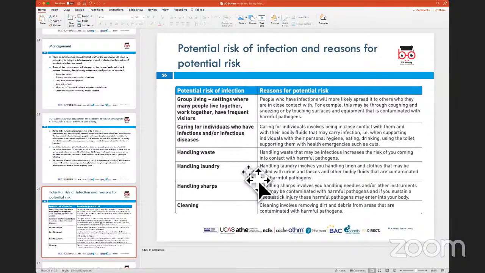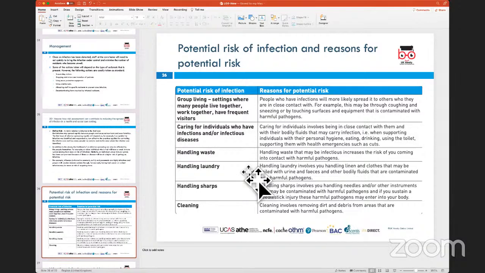When we look at the potential risk of infection, it could be to a group of people: carers, and people who are providing administration services, things like disposal of waste and handling laundry. They are basically responsible for cleaning within a health and social care home, and these are the set of people who can be at potential risk of contracting the disease.